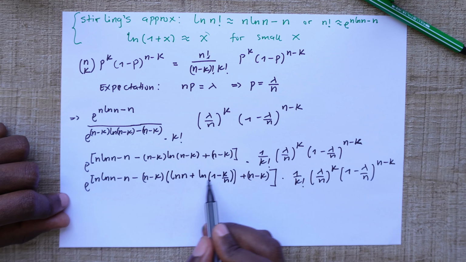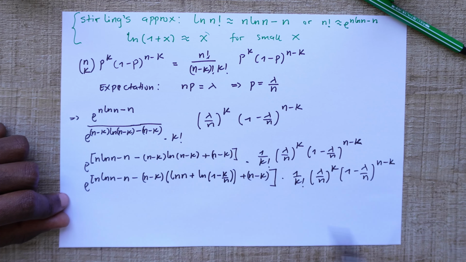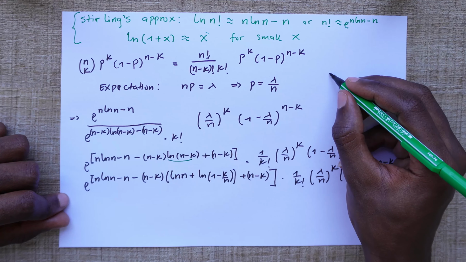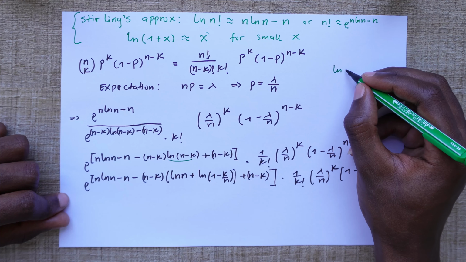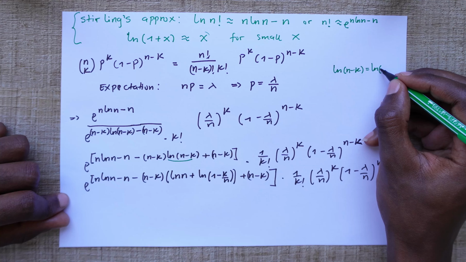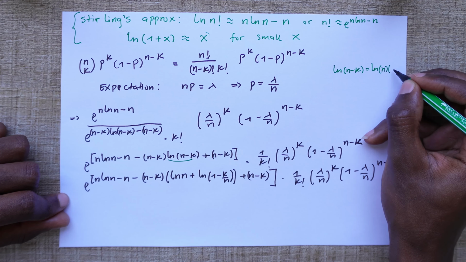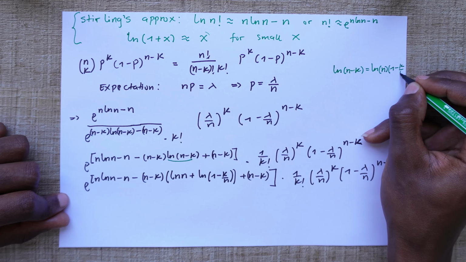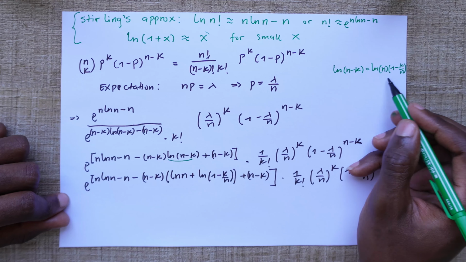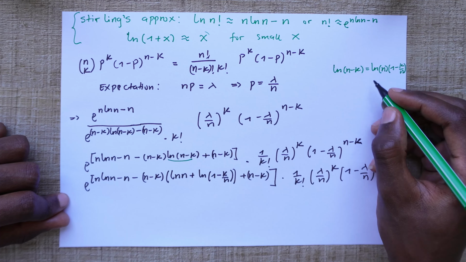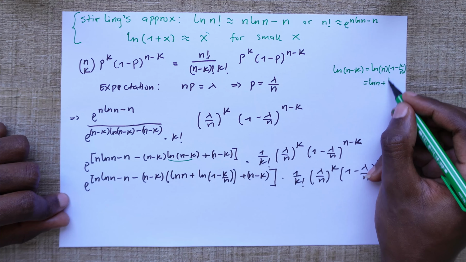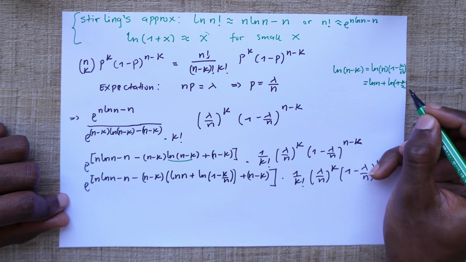So what I have done here, I have simply factored out n, so I can write that in a more explicit way up here. So natural log of n minus k is just natural log of n times 1 minus k on n. And then we use the identity of the log of a product. The log of a product is just the sum of logs. So this gives us the sum of these two logarithms.